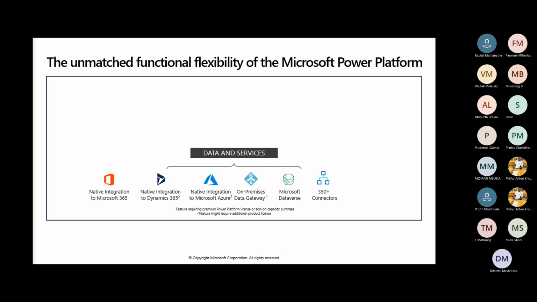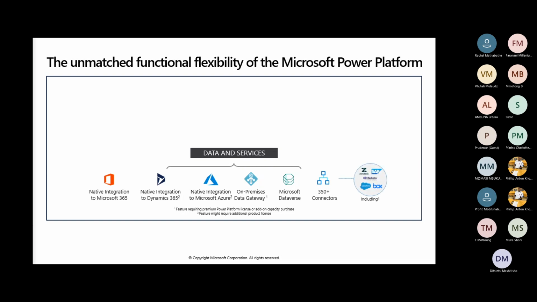Okay, and then you also have native integration to Azure, which would include Azure Active Directory for makers and end users, Azure Information Protection, Azure DevOps for application lifecycle management, and Azure Application Insights for usage monitoring. And then we have many more of those.